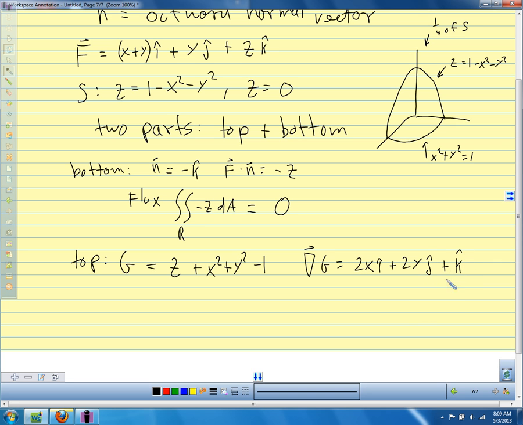So we have our upward normal vector. F dot del G. For our integrand, when we take the dot product of F dot del G, I get 2x times x plus y from my i component plus 2y squared for my k component plus z.